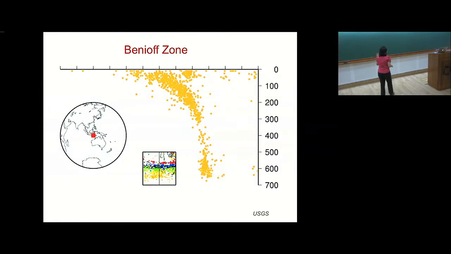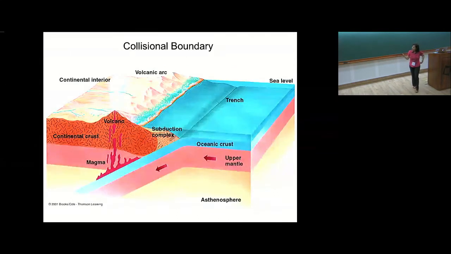Now, this particular slide shows you the, so based on these, we can come up with this model of a collisional boundary. So this basically shows what I just told you. So you have the oceanic crust, and then you have the continental crust.